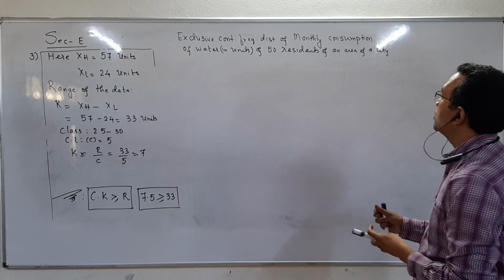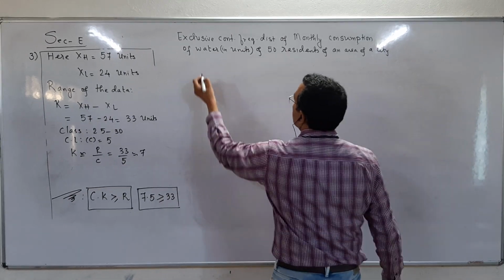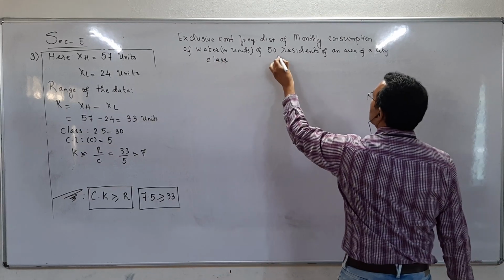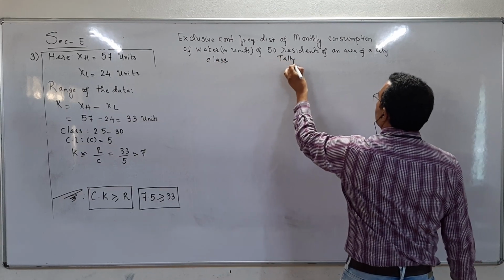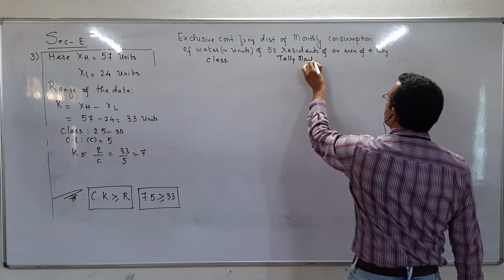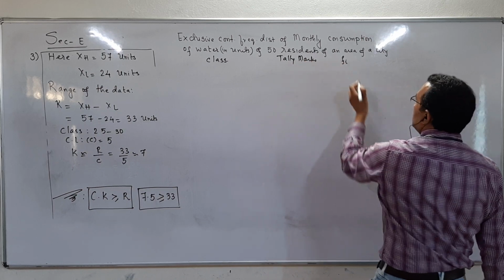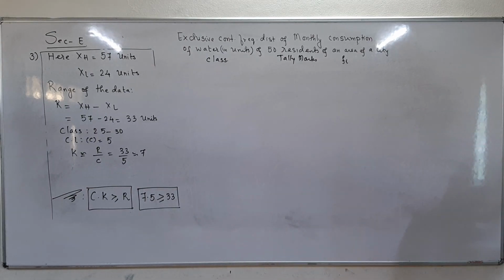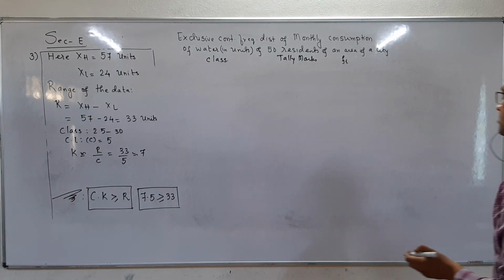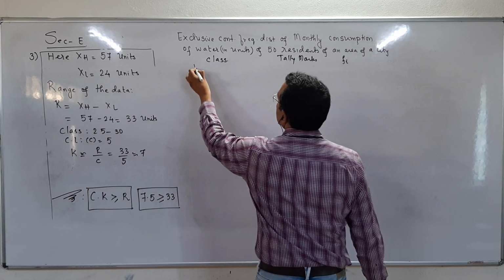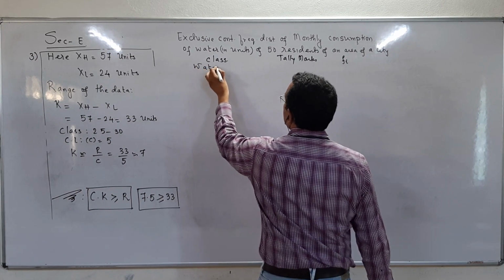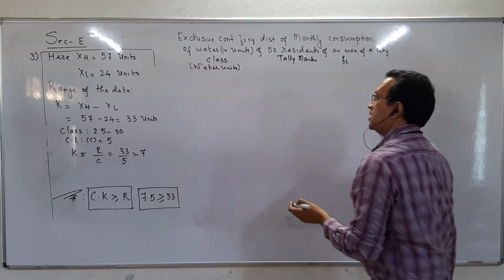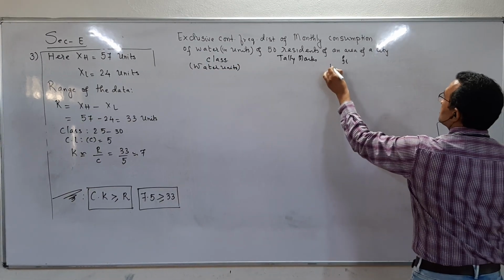So as usual, the first column will be classes, second column will be tally marks, and third column will be fi. Classes will be, students, consumption of water in units, and fi will be number of residents.